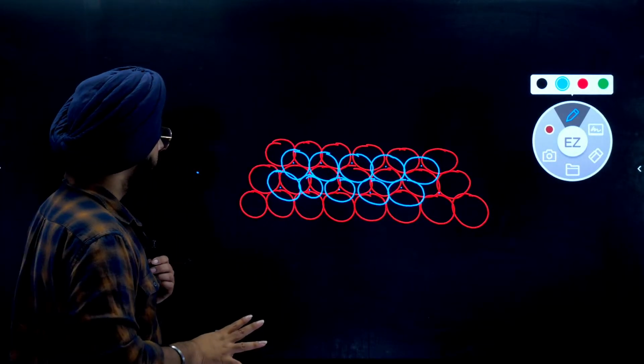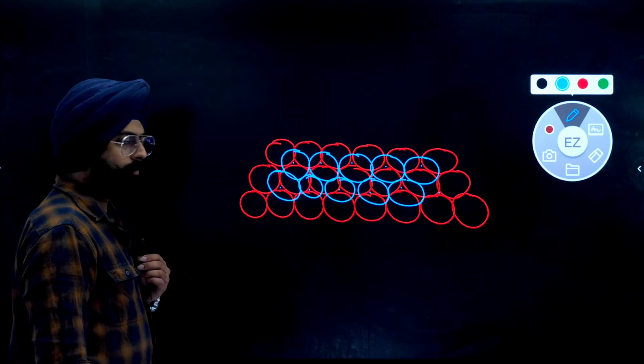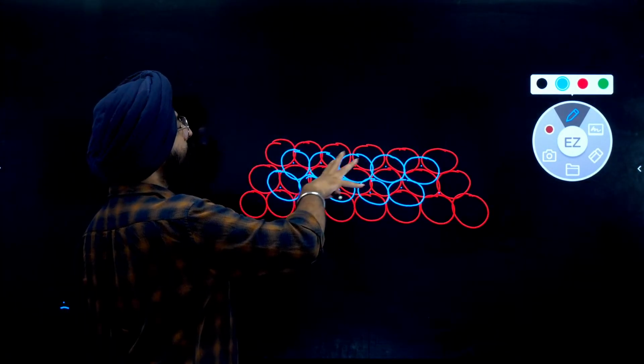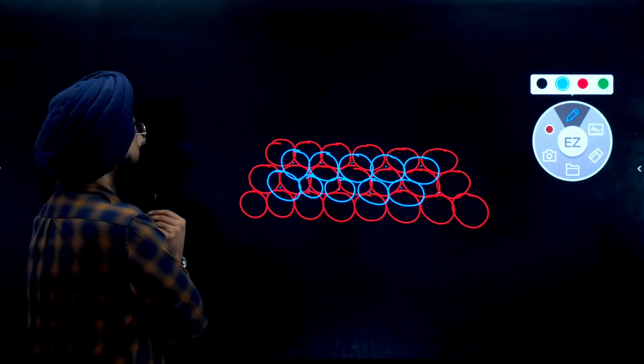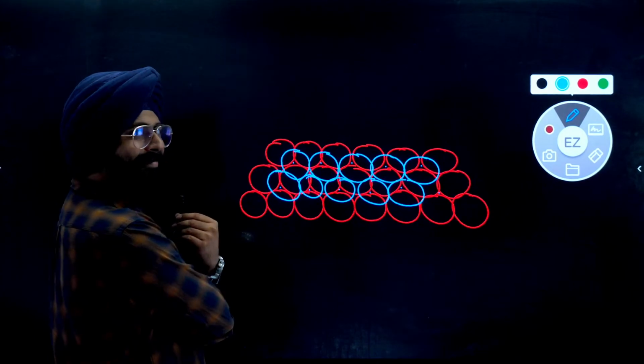Badhiya. Awesome. Is there another way of doing the same thing now? The blue spheres that I've put, is there a different type of gap where I can put those? कुछ और है क्या अपने पास? Think.